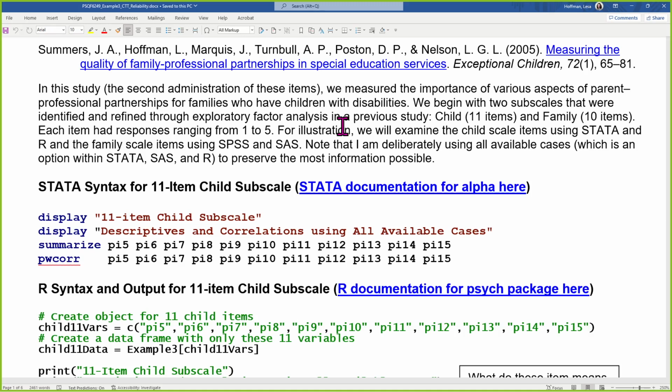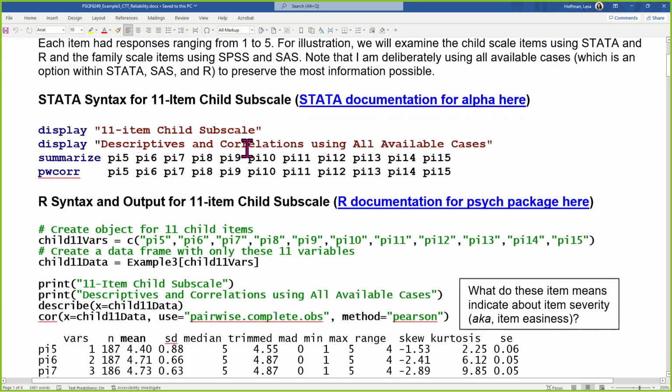Then they did another pilot after changing some of the response category choices. And then this is the second instance. So we're looking at 2 different subscales: the extent to which you feel like your child is supported by the people who are working with your child, and the extent to which you feel like your family is supported. So I'll show you what the items are in just a little bit.